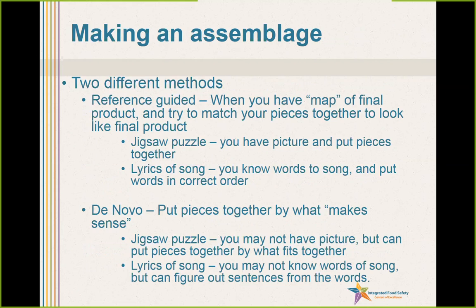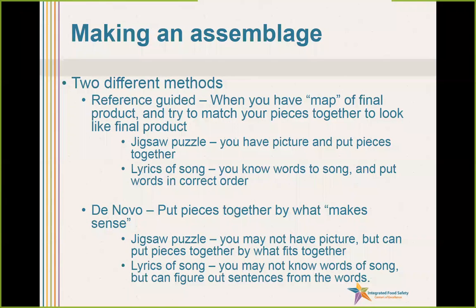You're putting together a jigsaw puzzle and you have the picture of the final product on the cover of the puzzle box. You're putting the pieces together based on the colors and shapes of the final product image. Another example is that you know the words and composition of a song and are able to put the words of the song into the correct order.